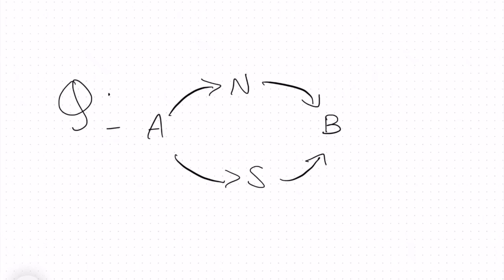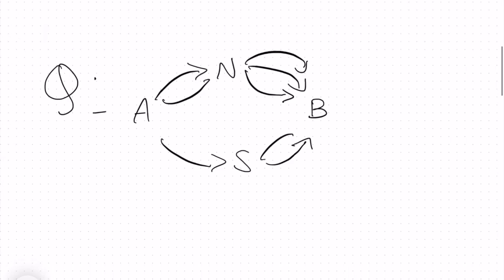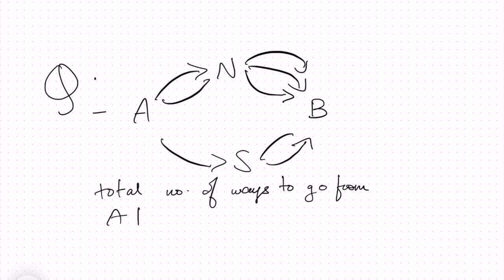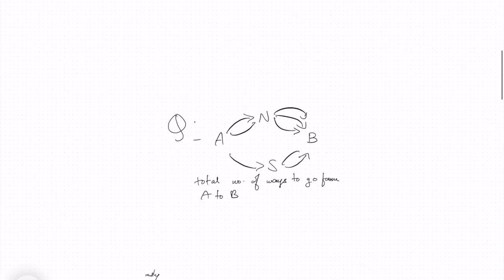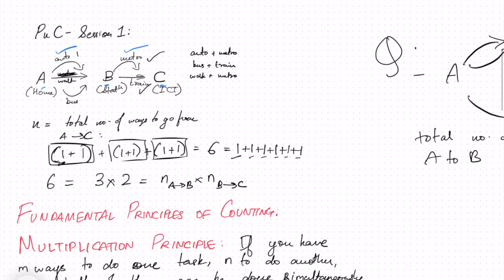Okay, so there's a place A to B, and there's these possibilities to go from A to B. Each arrow represents a specific route. Now I want to know the total number of ways to go from A to B, pretty much same as what we did here.